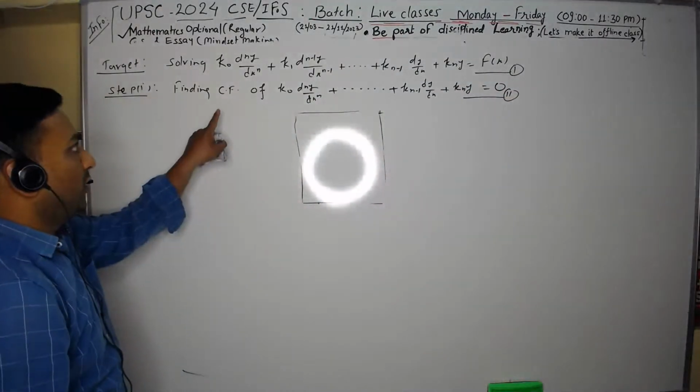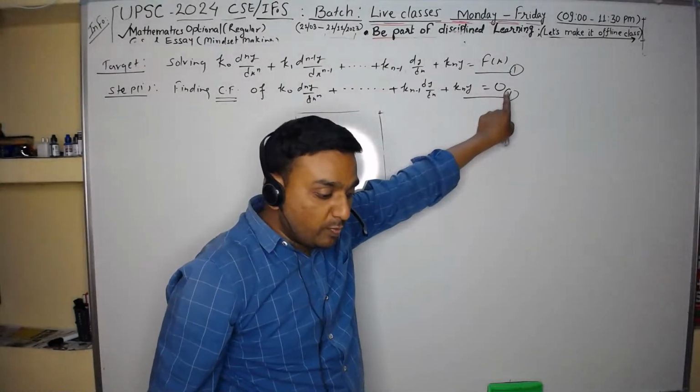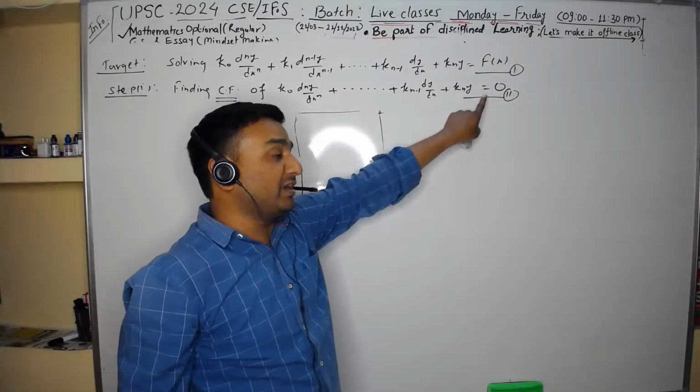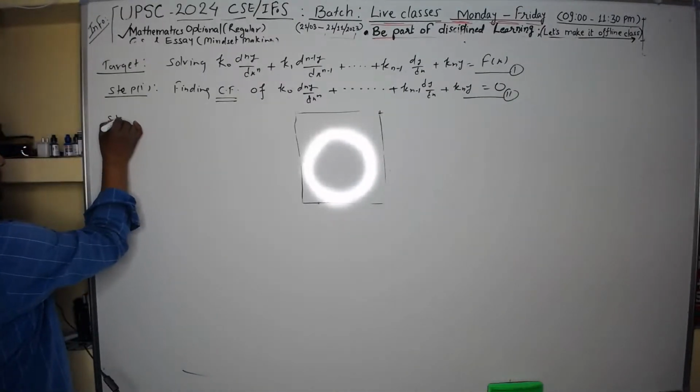Why? Because for CF we must have the differential equation as homogeneous. So for finding CF we must have RHS as 0. Okay, step 2.